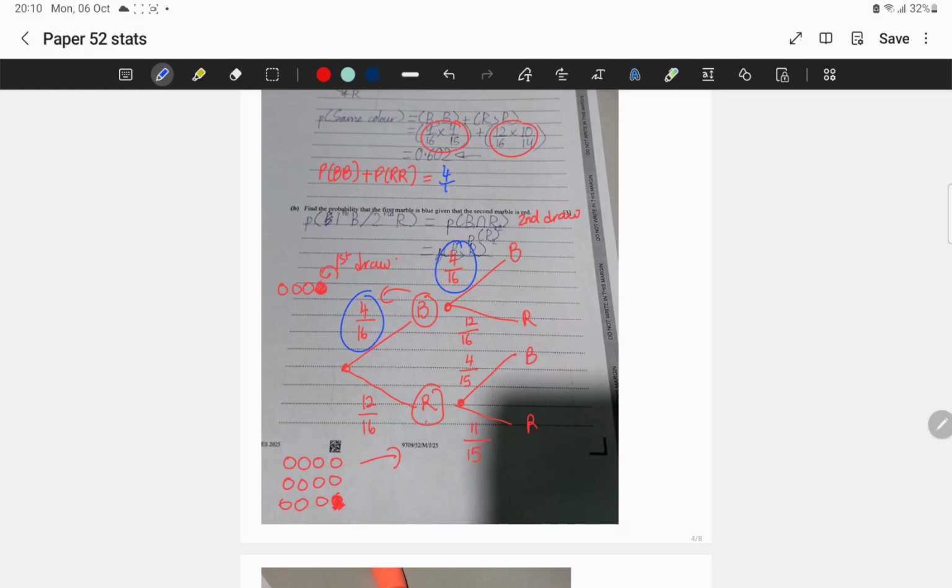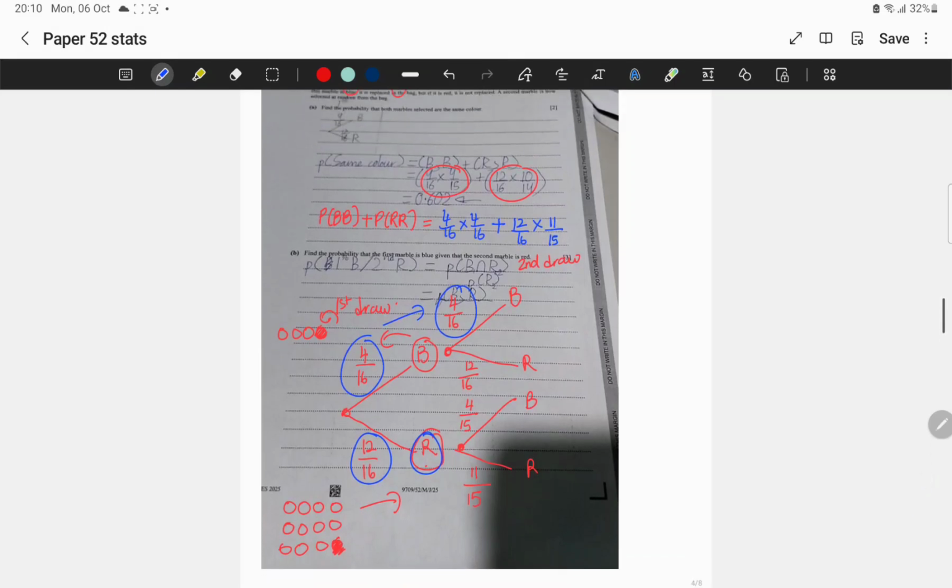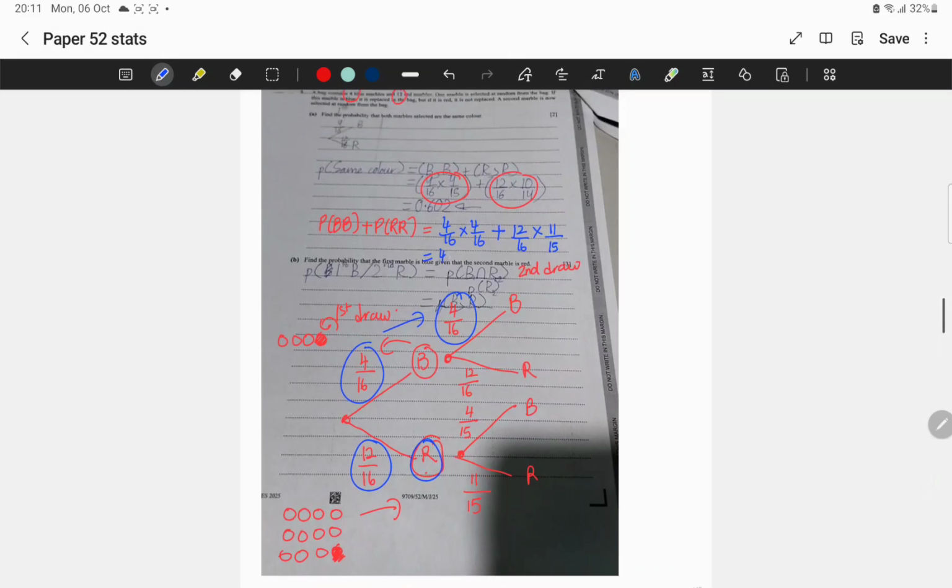It will be 4 over 16 times 4 over 16 because I have replaced it. Or if I take a red, it's 12 over 16. But then the red is not replaced, which means that it will be decreased by 1. The total will also be decreased by 1. And when you calculate this, I think you're going to get 49 over 80, and that's your answer.